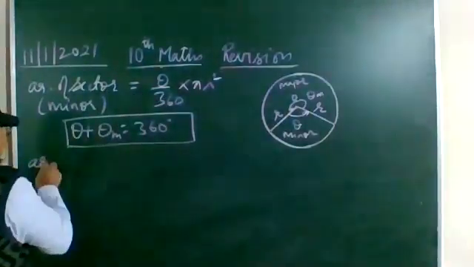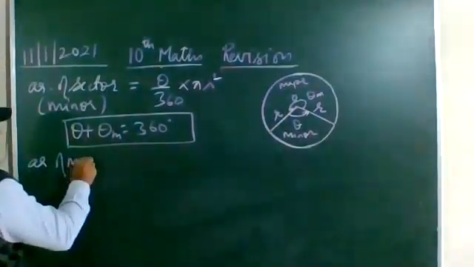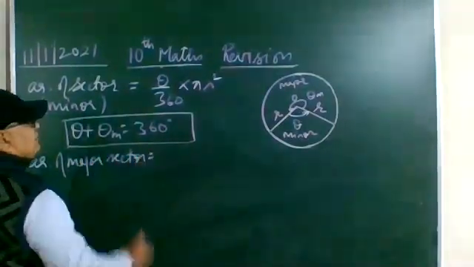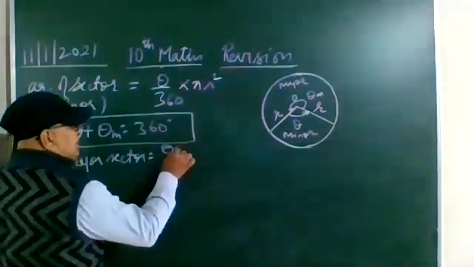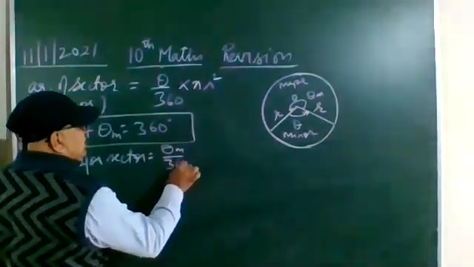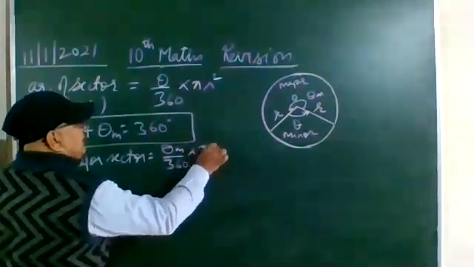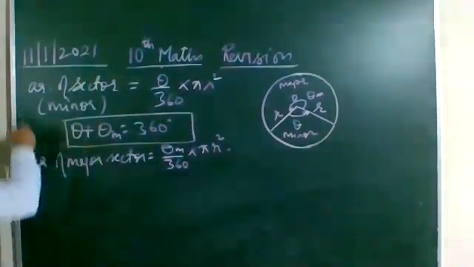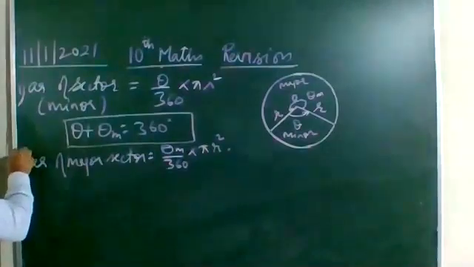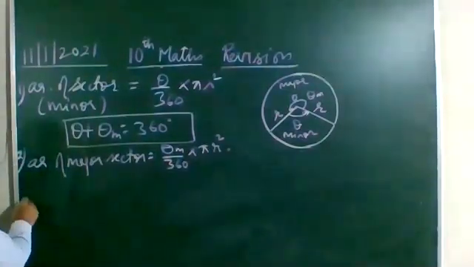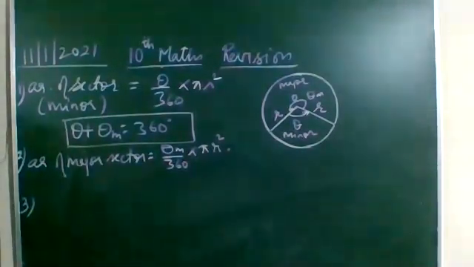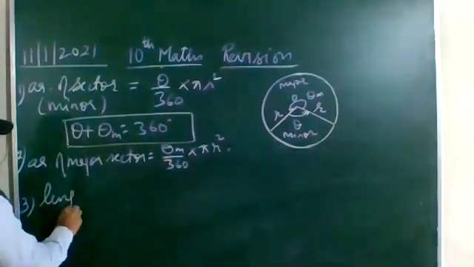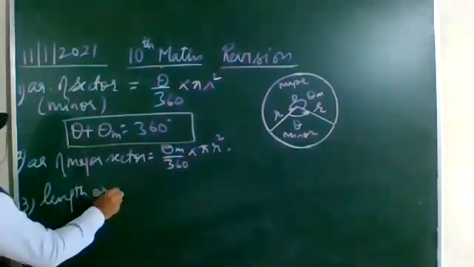So area of major sector is what? Theta m upon 360 into pi r square. Now, after this area of sectors, before I ask you area of sector when length of arc is given, you must know length of arc.